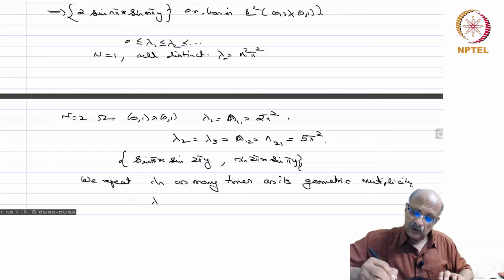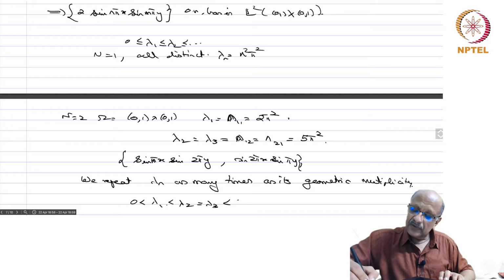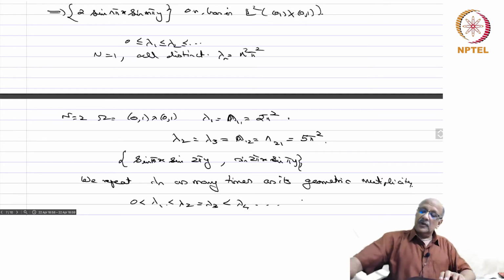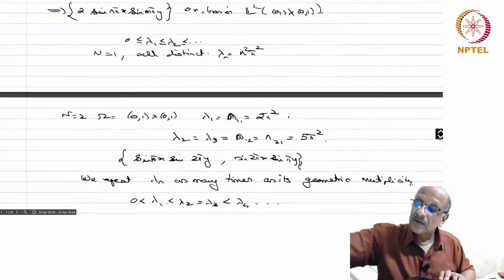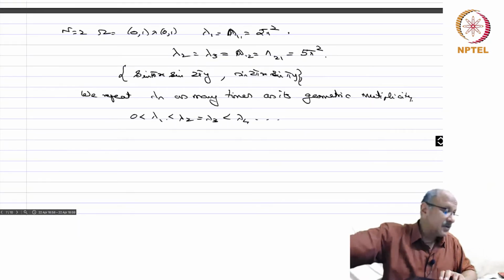So, you have 0 < λ1 in this case, less than λ2 equals λ3, which is less than λ4 and so on and so forth. So, you will have equalities amongst these things.